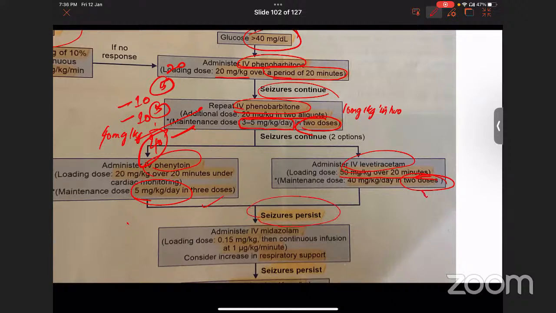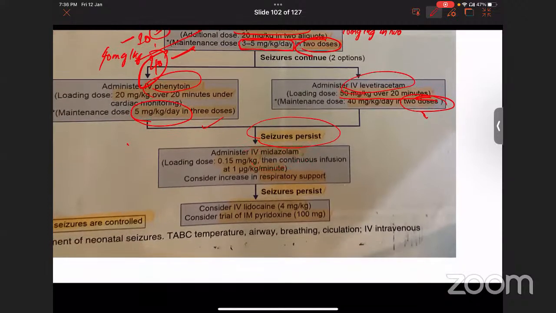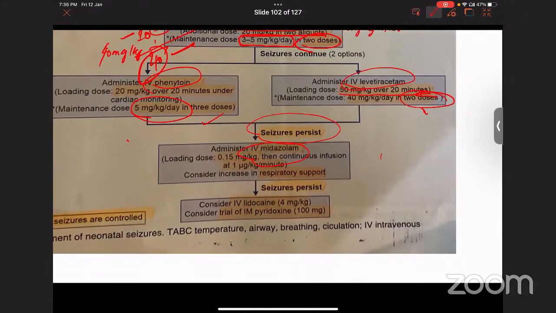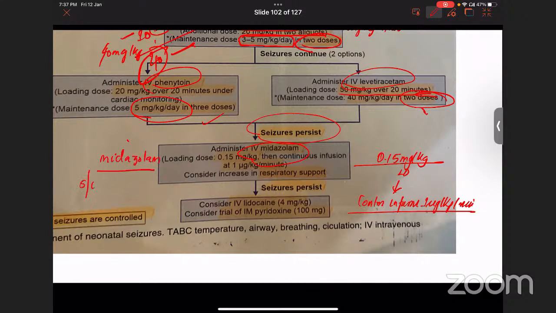the seizure persists. Then you have to administer IV midazolam at a rate of 0.15 mg per kg. This is the loading dose, which has to be followed by a continuous infusion of 1 microgram per kg per minute. Once midazolam has been given, anyone can tell what is the side effect of midazolam?